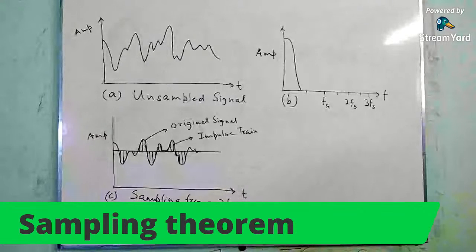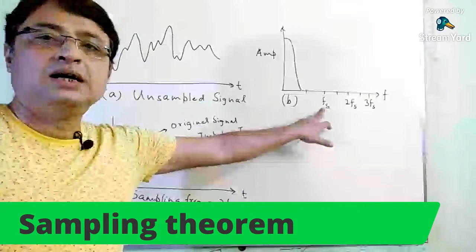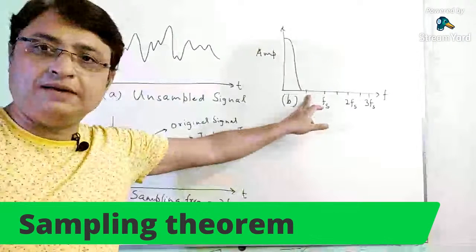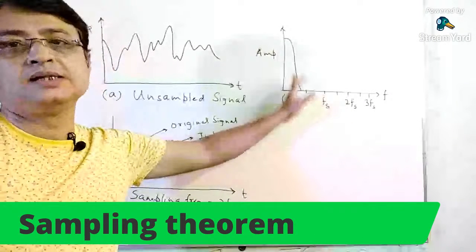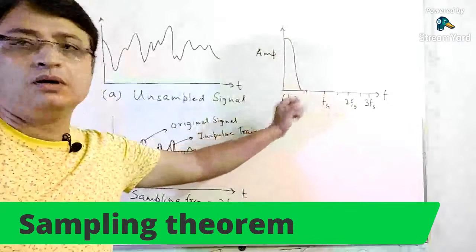Now, in figure B, where we have shown the frequency spectrum of the unsampled signal, you can see that the unsampled signal is composed only of frequency components between 0 and, let it be, 0.35 fs, because this is fs and this is 0.5 fs, and this frequency spectrum is completed before 0.5 fs.